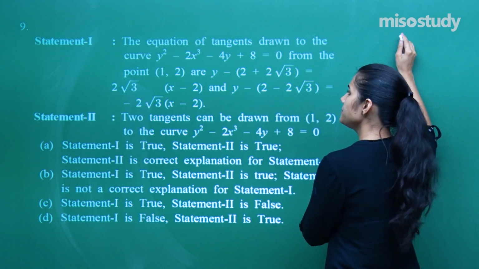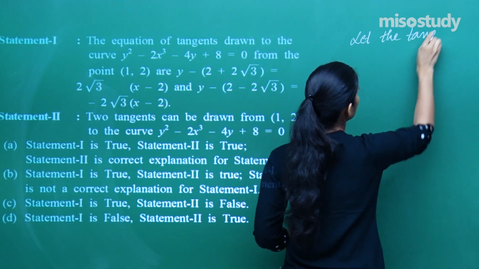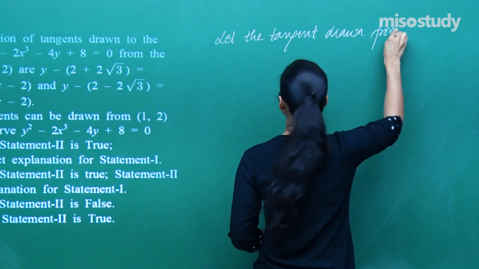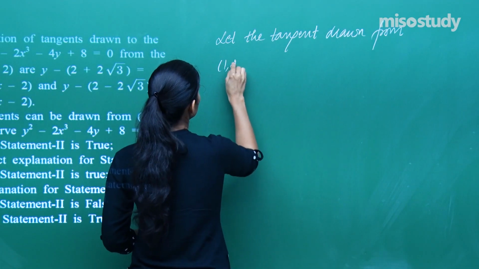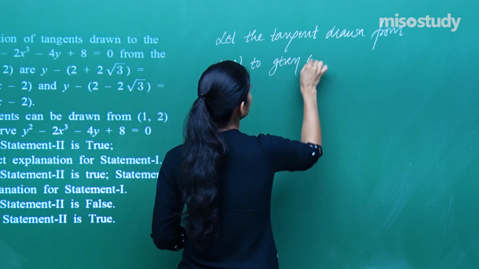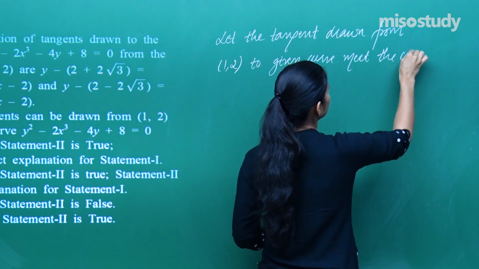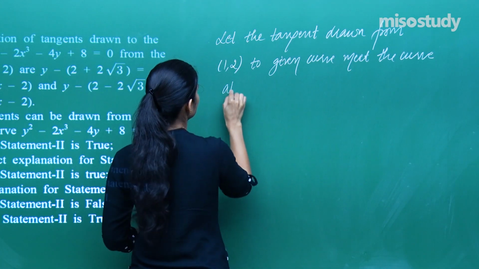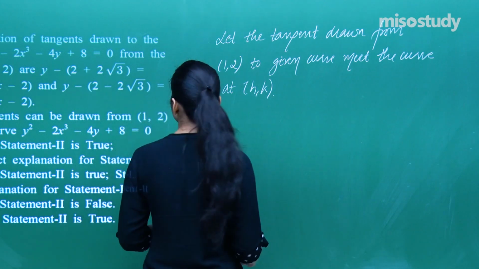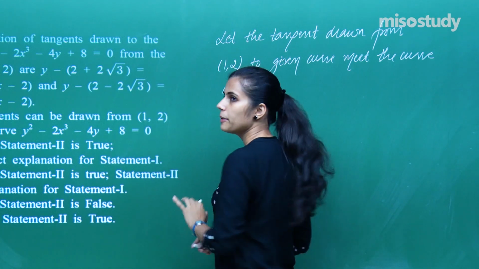Okay, so I am saying that let the tangent drawn from 1, 2 to this given curve meet the curve at h comma k. Suppose the point of tangency is h comma k, basically is what I am trying to say.